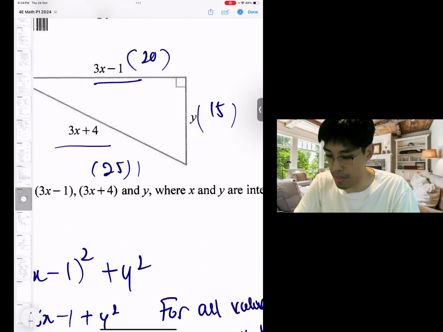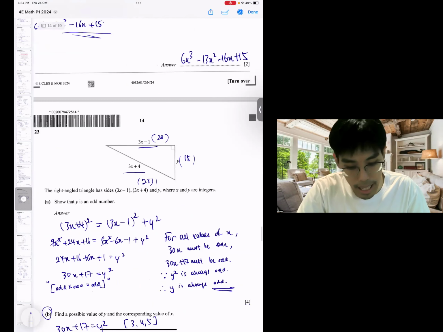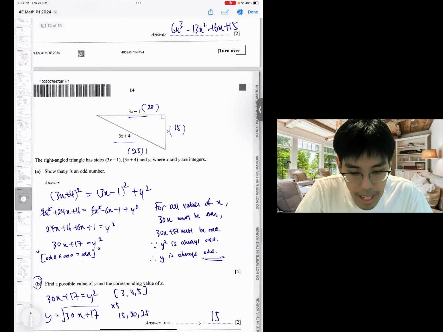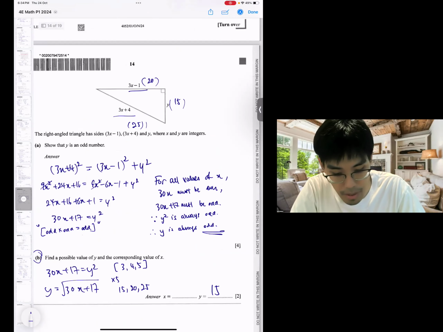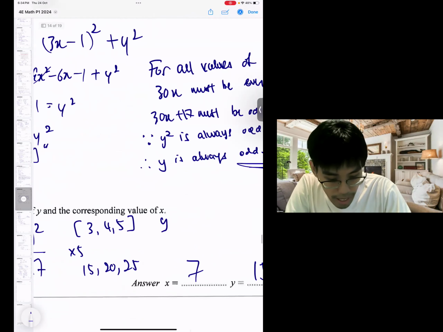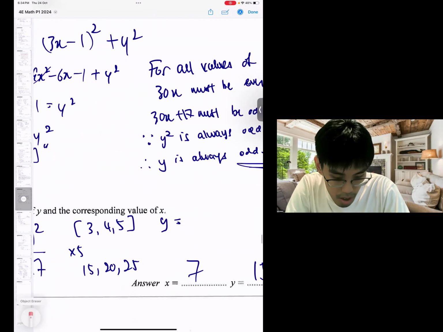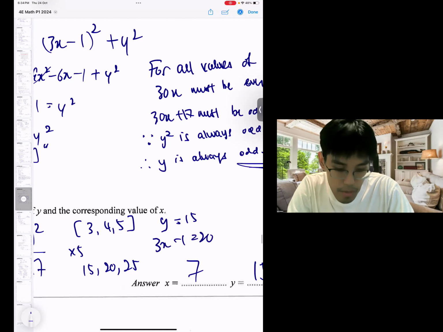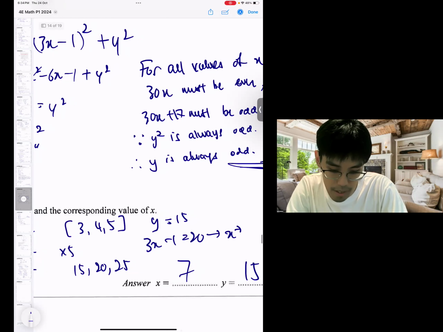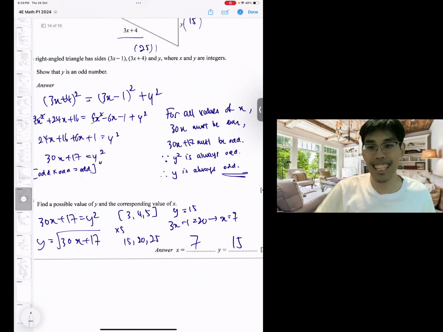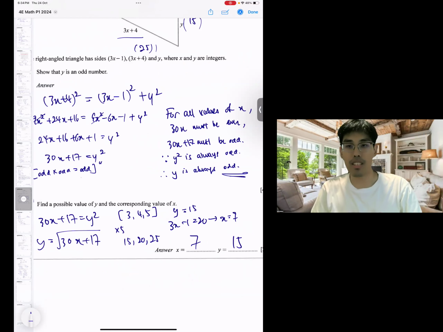So 15 square plus 20 square. Yeah, can. So my y I can put as 15, and then my 3x minus 1 is 20. So x is 7. So this gives me x to be 7. Solved. Yes, done. Pythagoras triplets.